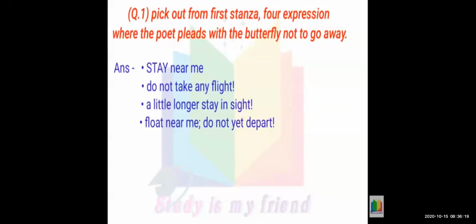The poet urges, the poet requests the butterfly to fly near him and not yet depart. Do not go away from this orchard because all these things here give pleasure to the poet. त्या सर्व गोष्टीपासून कवीला आणि कवीच्या बहिणीला खूप आनंद मिळत आहे.